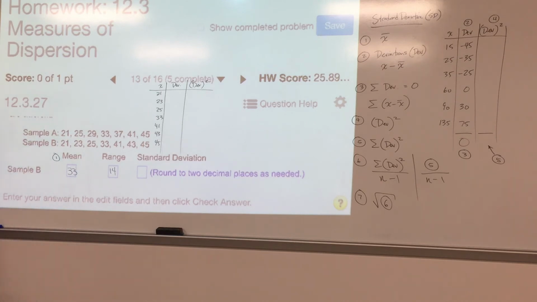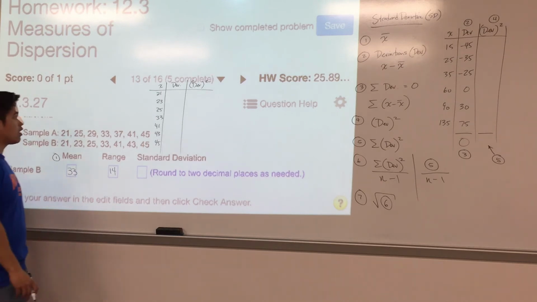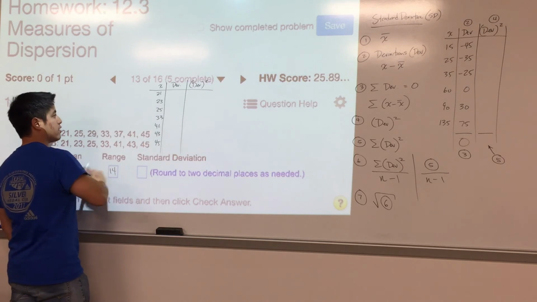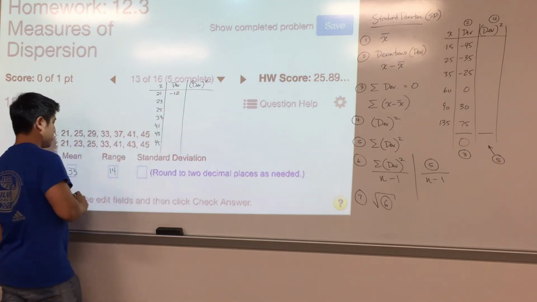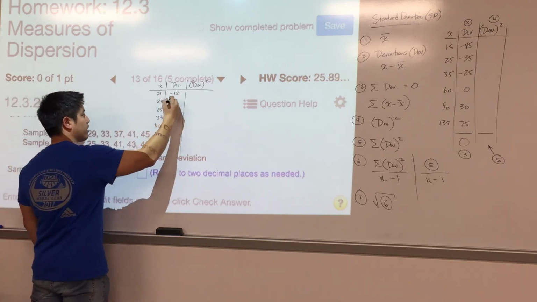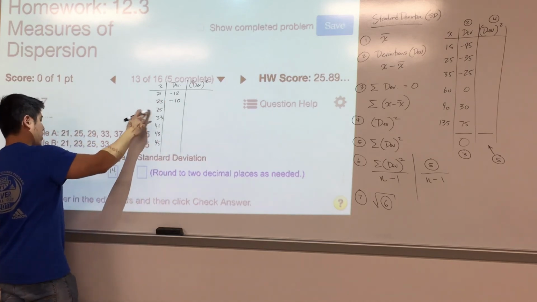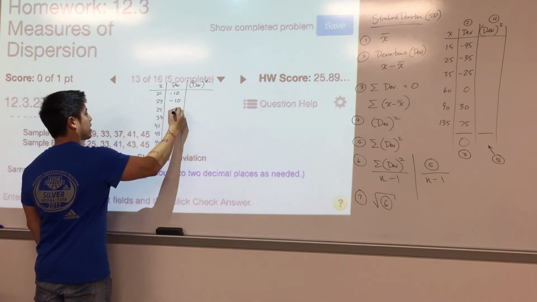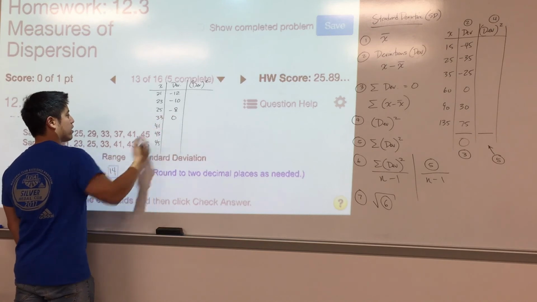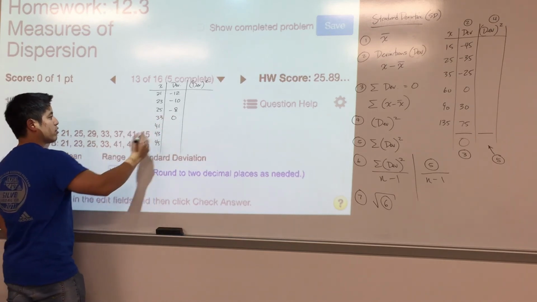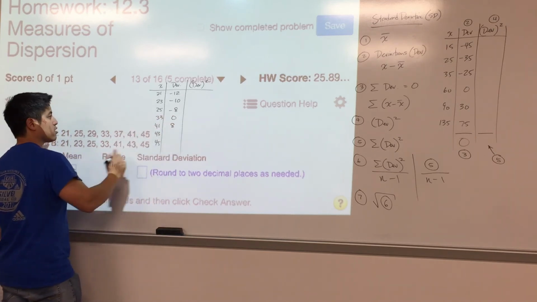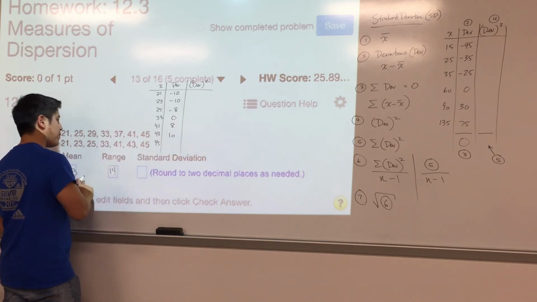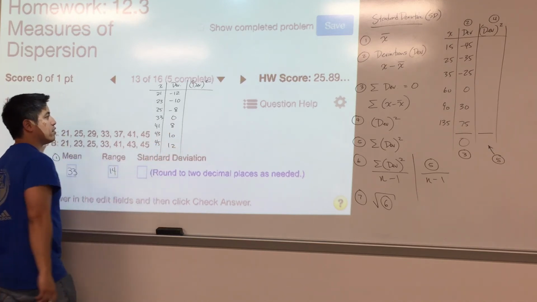Let's go calculate the deviations, shall we? 21 minus 33, negative 12. That's the same one. 23 minus 33, negative 10. 25 minus 33, negative 8. 33 minus 33, 0. 41 minus 33, 8. 43 minus 33, 10. 45 minus 33, 12.